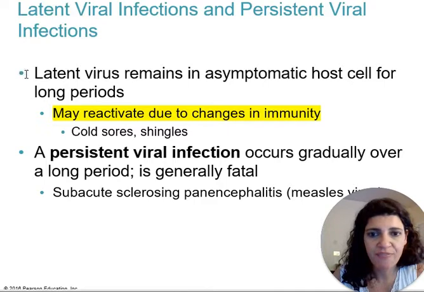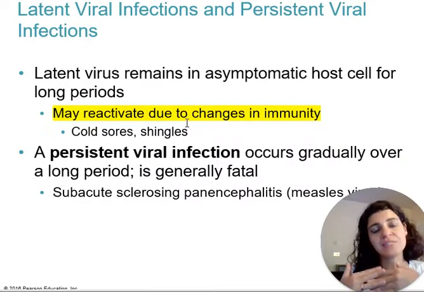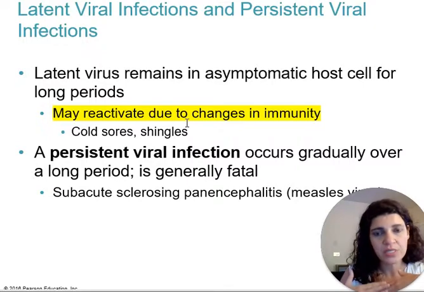Remember what a latent virus is. So, the difference between a latent and a persistent virus. A latent virus is a virus that sits as a provirus in the genome of the host cell and one day gets reactivated.